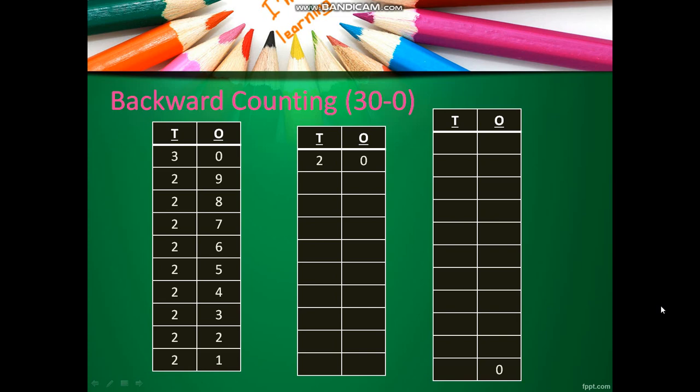And then 26, 25, 24, 23, 22 and 21. What comes before 21? Exactly, before 21 we always write 20. So this was the correct format of writing backward counting.